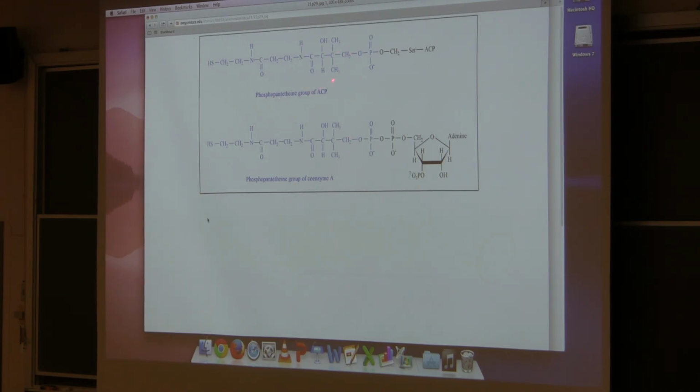The only difference is ACP is attached to a protein, and CoA is attached to AMP. That's the only difference between the two. And no, I didn't give you that name, so you're not responsible for that name, right?